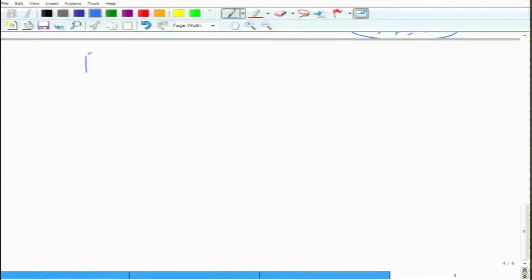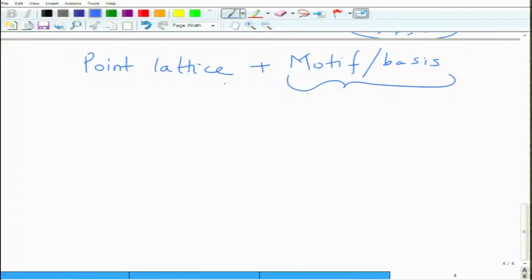Earlier we were talking about point lattice. Now I said object, earlier I was saying object or atom. In the technical language we call it a motif, or basis. When you combine these two aspects, what you get is a crystal lattice.